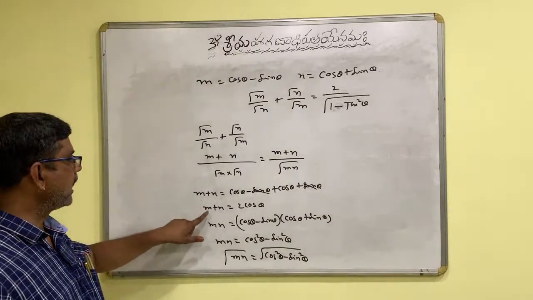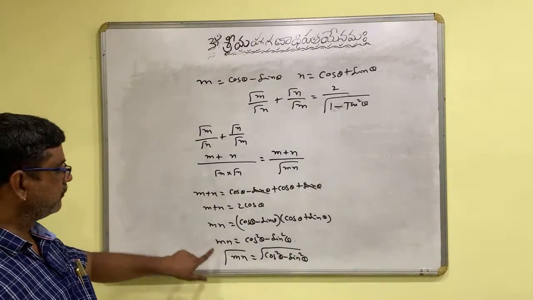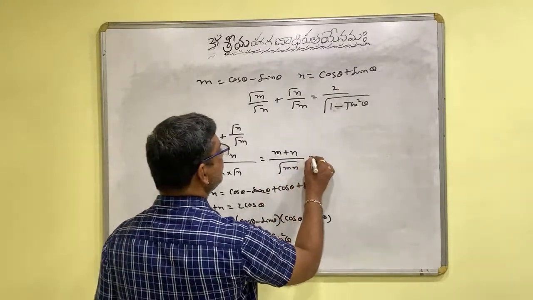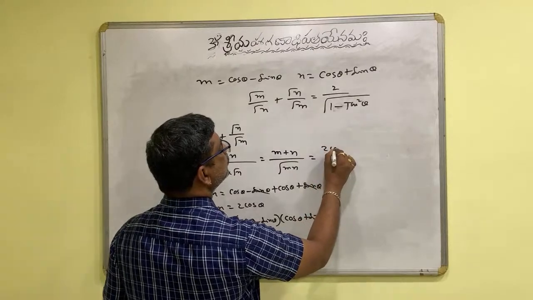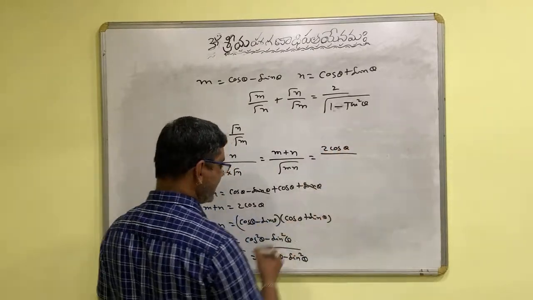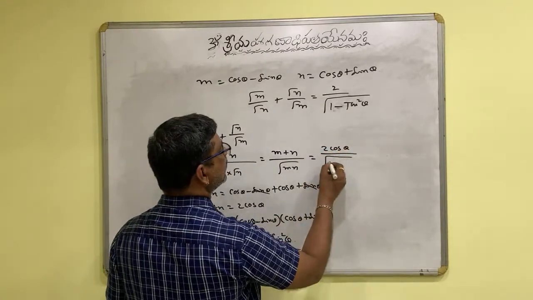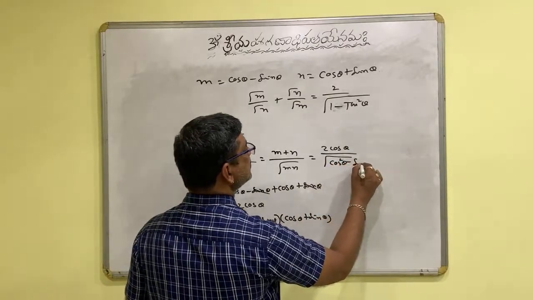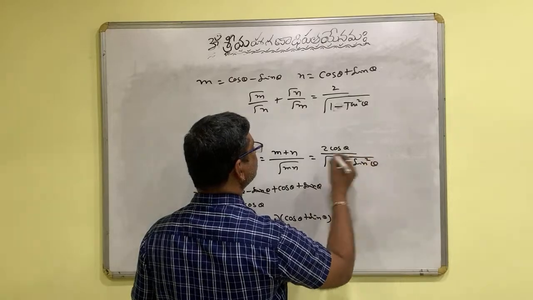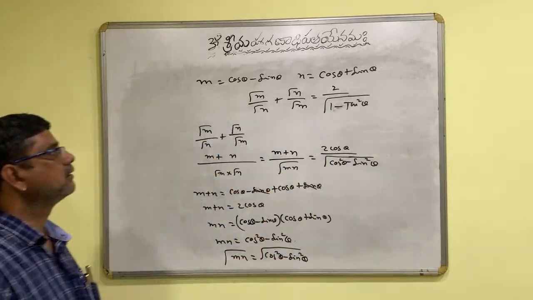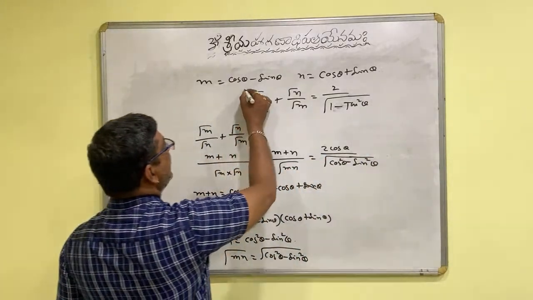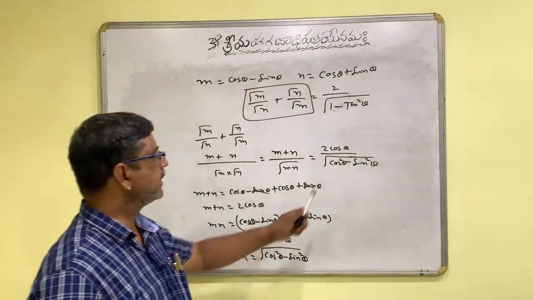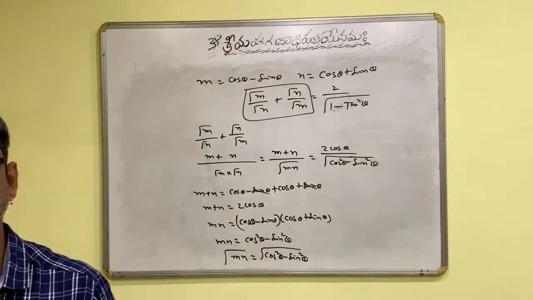Now we got the m plus n value and we got the root mn value. So this will be 2 cos theta by root over cos square theta minus sin square theta. Okay? So for LHS we got this as the answer.